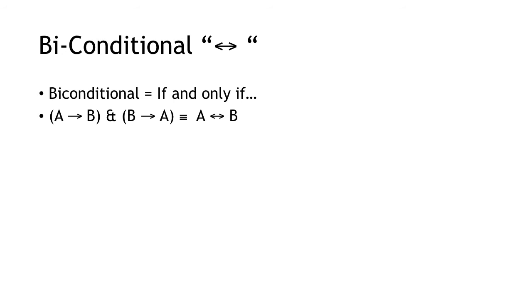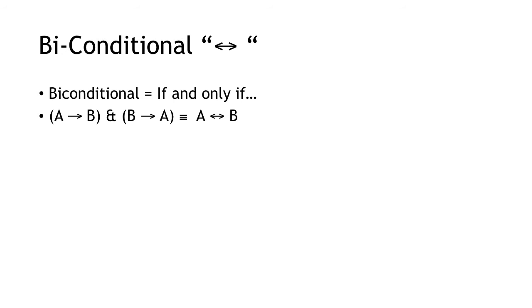You can do that, and that's what your book does. But I think these are common enough, not as common as conditionals, but common enough, that it's worth having this symbol just to save ourselves some work.